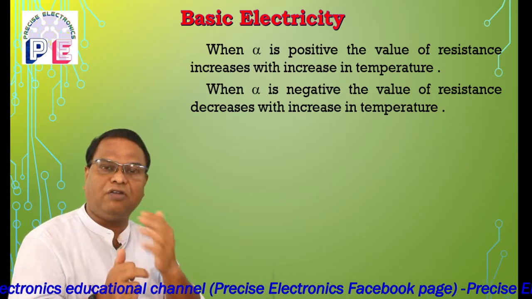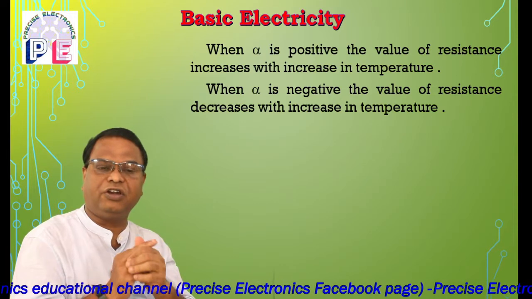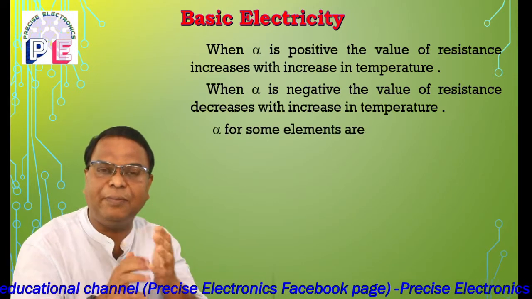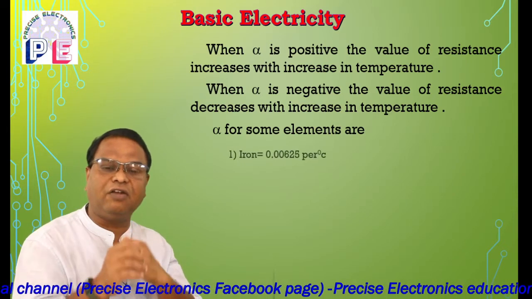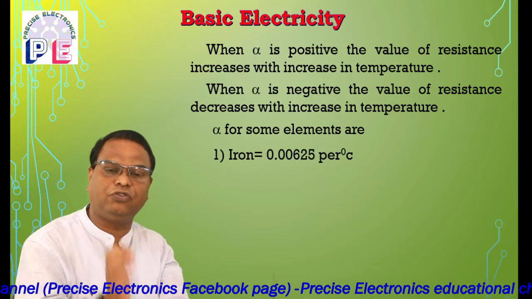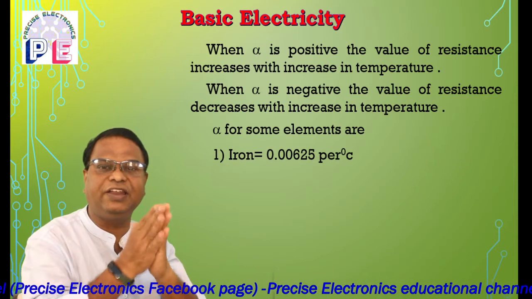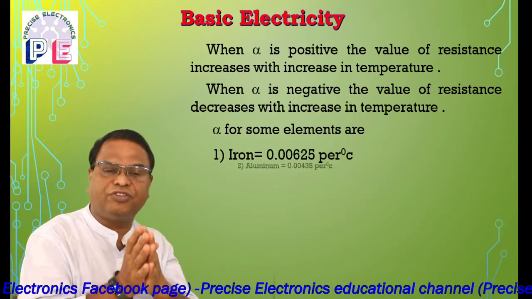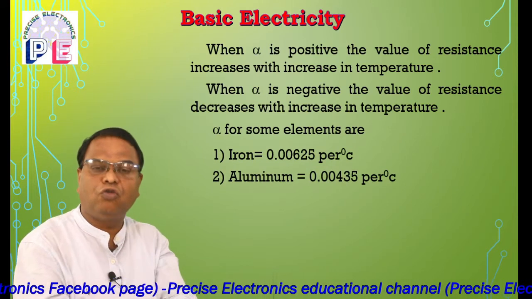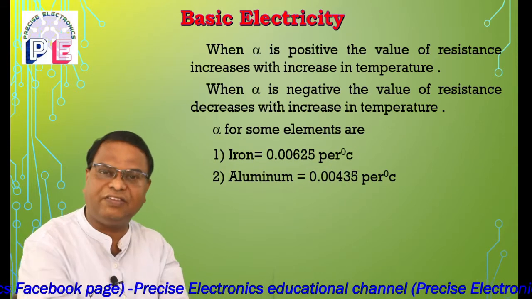And the value of alpha, the temperature coefficient, for some elements: first, iron. In the case of iron, alpha is equal to 0.00625 per degree centigrade, while for aluminium the temperature coefficient is 0.00435 per degree centigrade.